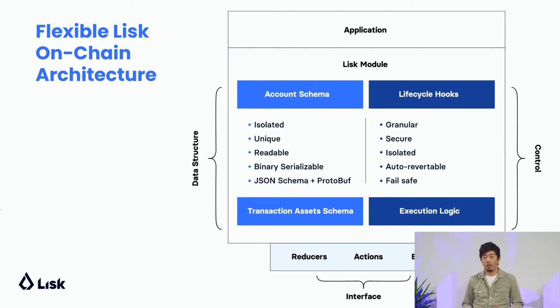Oftentimes, the module contains important information or logic that can be used externally. That's why we also created reducers, actions, and events to communicate to the outside. I'll explain piece by piece in coming slides.